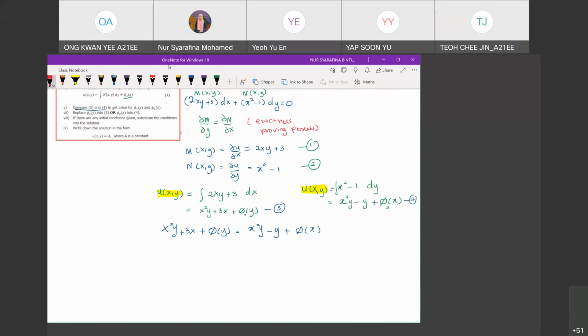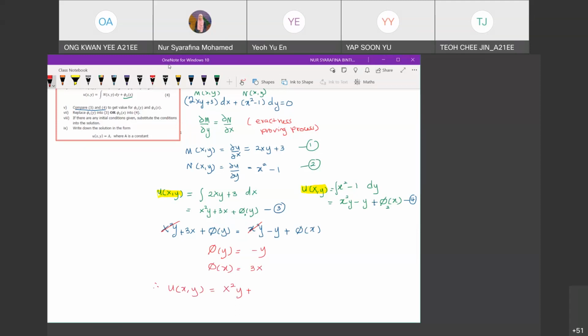This one is x squared y, x squared y. This one is 3x, this one is y. Psi y is a function of y, so it equals what's left here, negative y. Psi x is a function of x, so this one equals 3x.